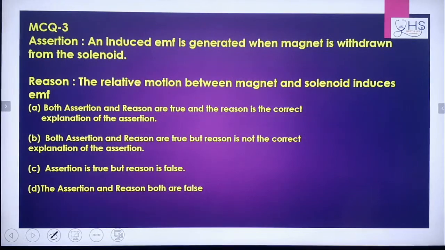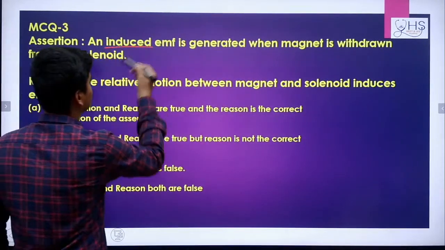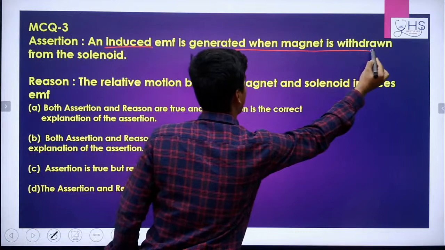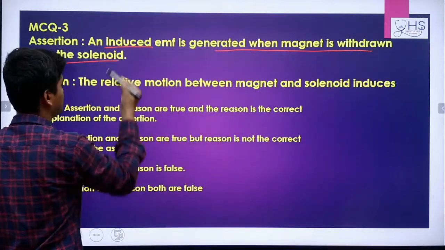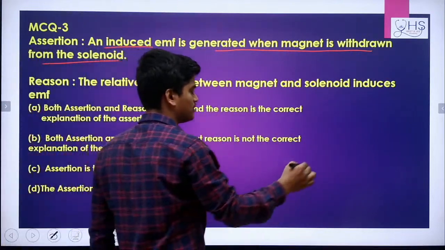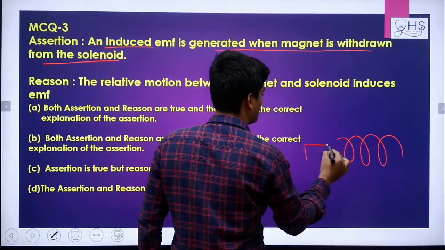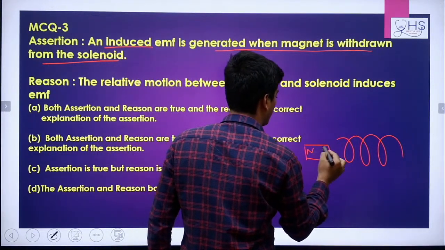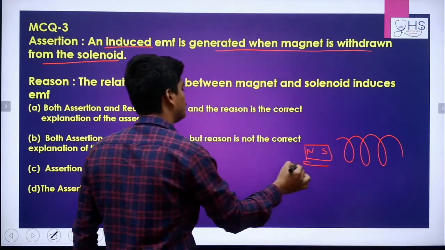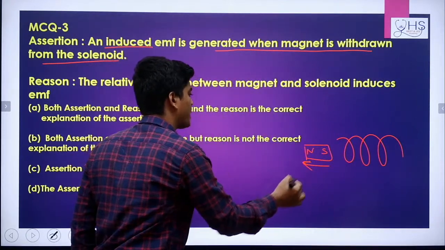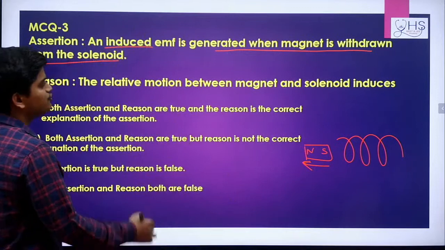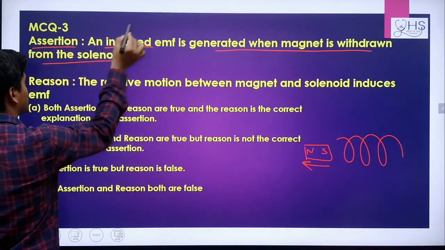Now the next question. An induced EMF is generated when a magnet is withdrawn from the solenoid. This is Faraday's experiment, you already know this. Either you take the magnet out or take it in from the solenoid, definitely induced EMF will be generated. That means this assertion is correct.